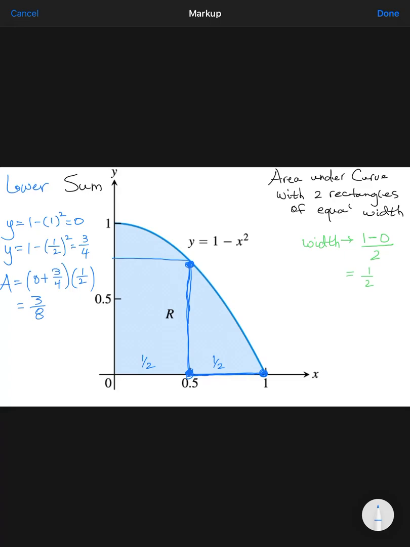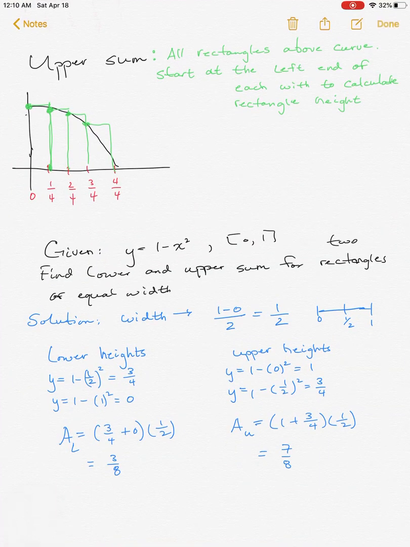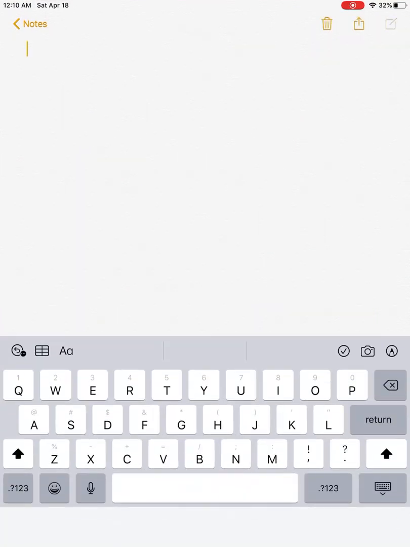Now, let's say you don't know what the shape of the function looks like. Let's give me a new sheet.